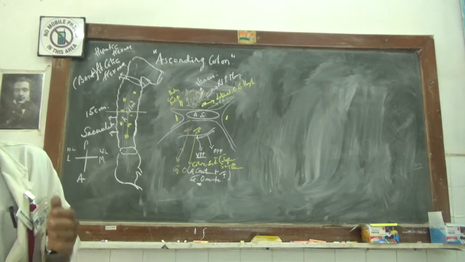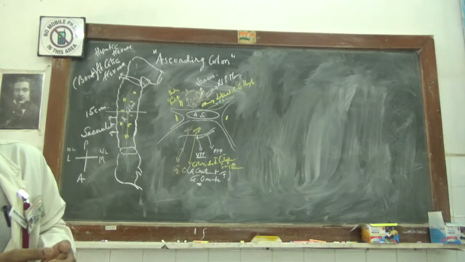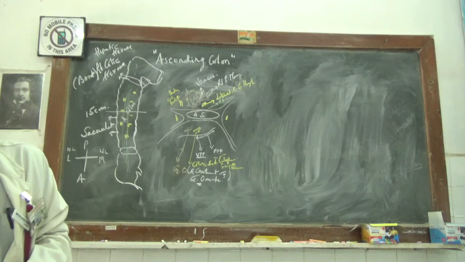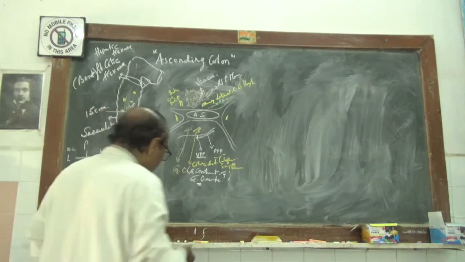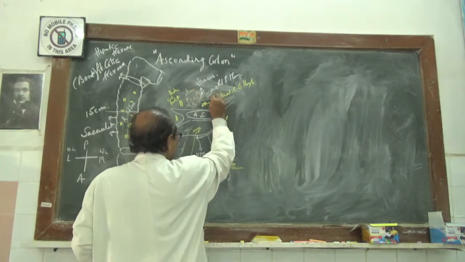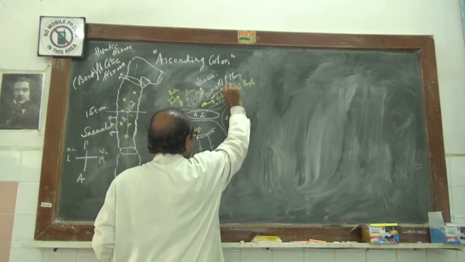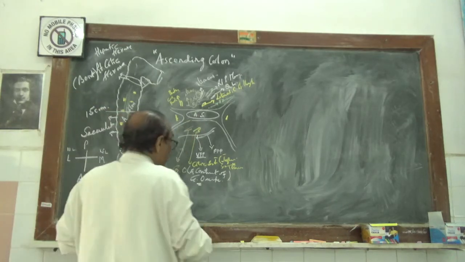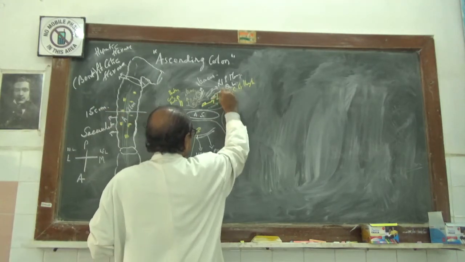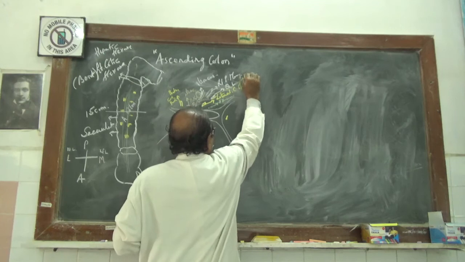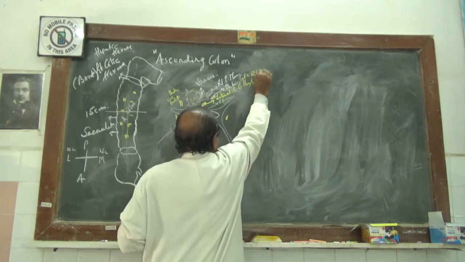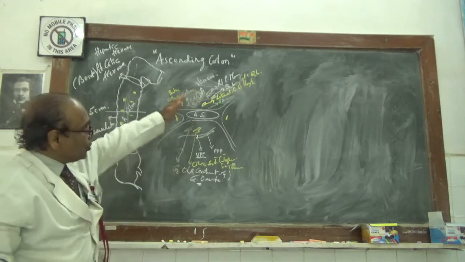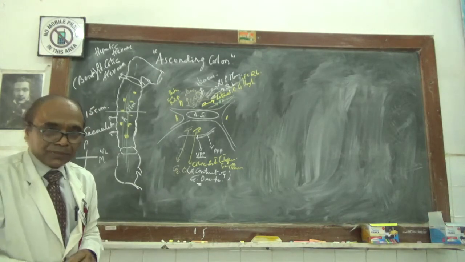Apart from that, one small portion will also be there. That small portion is the quadratus lumborum muscle. The fascia covering the quadratus lumborum. So these are the posterior relations.